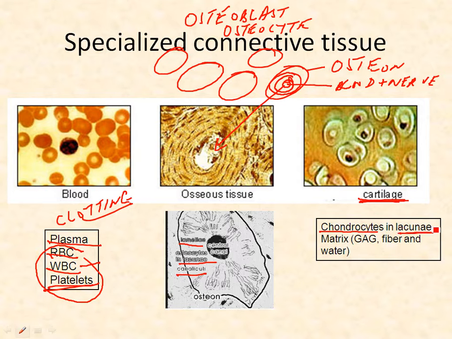So typically you will see these cells that lie in spaces look like this. The matrix is made up of GAGs, glycosaminoglycans, fibers, mostly collagen and sometimes elastic, and water. Interestingly, about 80% of the extracellular matrix of cartilage is water.